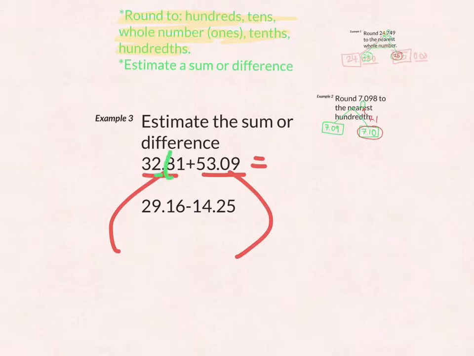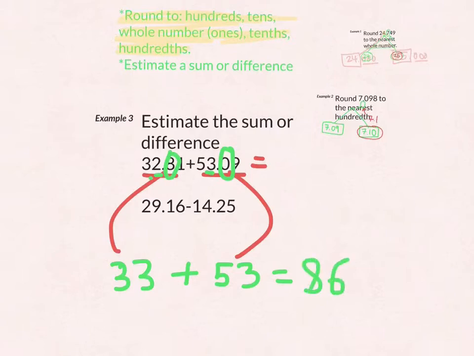Underline and circle. You can see we would raise this one up to 33. And then for 53 and 9 hundredths, again, we could round to the nearest whole number, and 53 rounds down to 53. So we end up with 33 plus 53, which we can do mentally. 30 plus 50 is 80, and 3 plus 3 is 6.